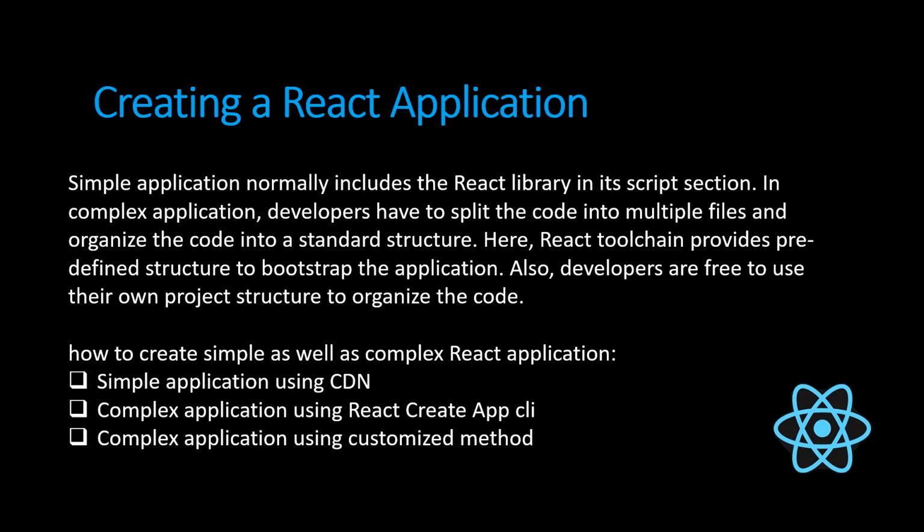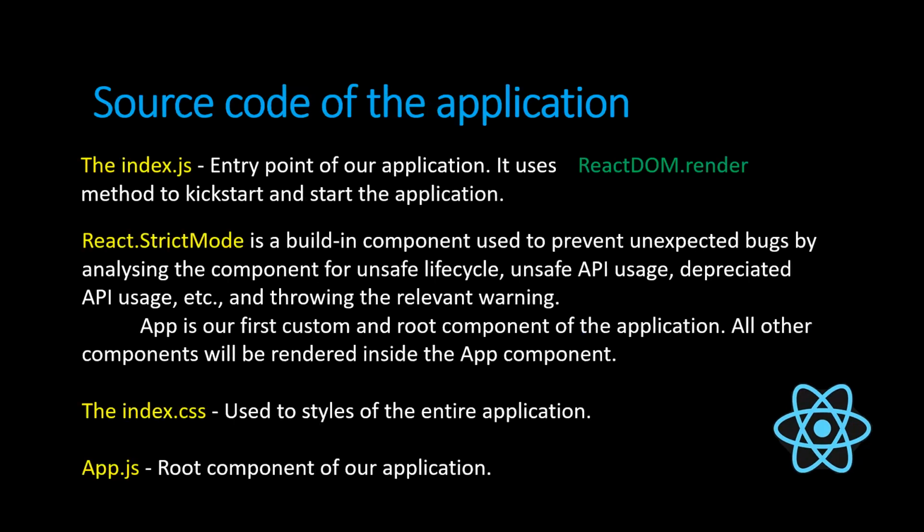Creating a React application: a simple application normally includes the React library. The React library mainly depends on the React toolchain, which provides predefined structures. Developers are also free to use open libraries in their project structure. There are three types of React application: a simple application using CDN, a complex application using Create React App, and a complex application using customized methods.